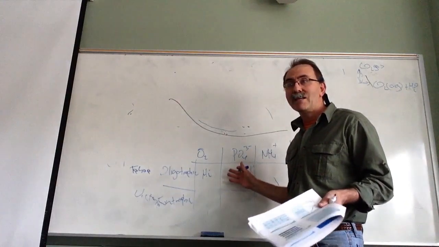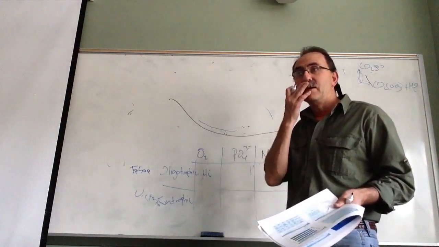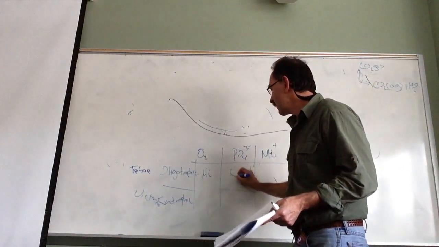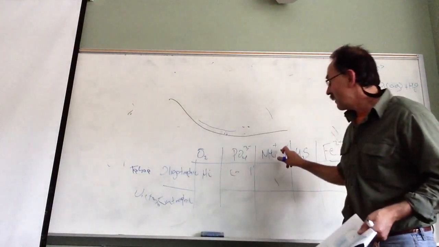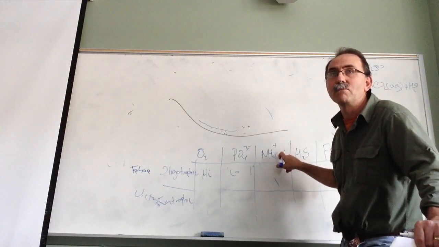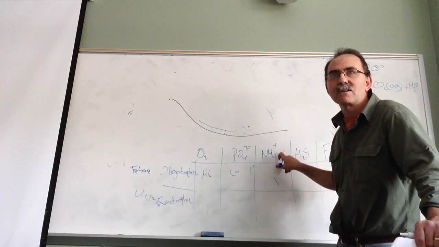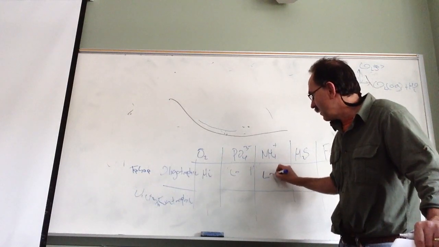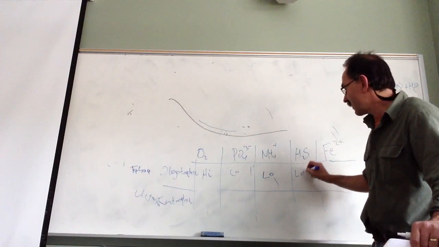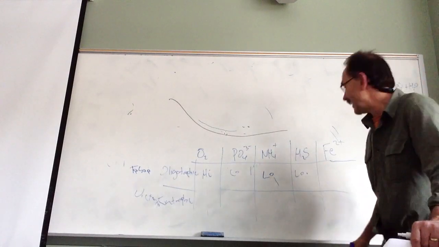There's not going to be much in the way of phosphates down there, because it's an oligotrophic lake, it's going to be low. Ammonium is only really formed in anoxic conditions. So, low or none. You're definitely not going to have much hydrogen sulfide.